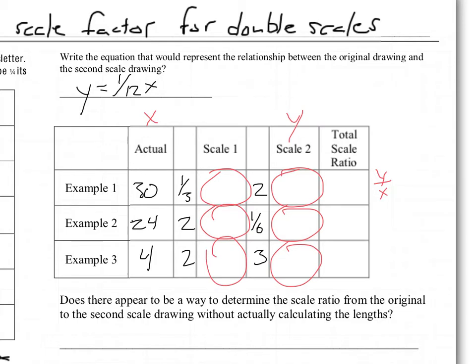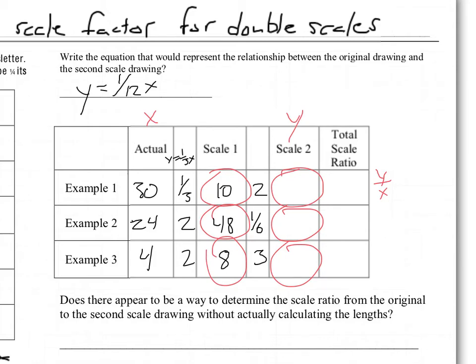So hopefully we're looking at this one, we would be thinking about this as y equals 1/3 times x. So we would have 1/3 times 30 would be 10, 2 times 24 would be 48, and a scale factor of 2, this one would be 8.